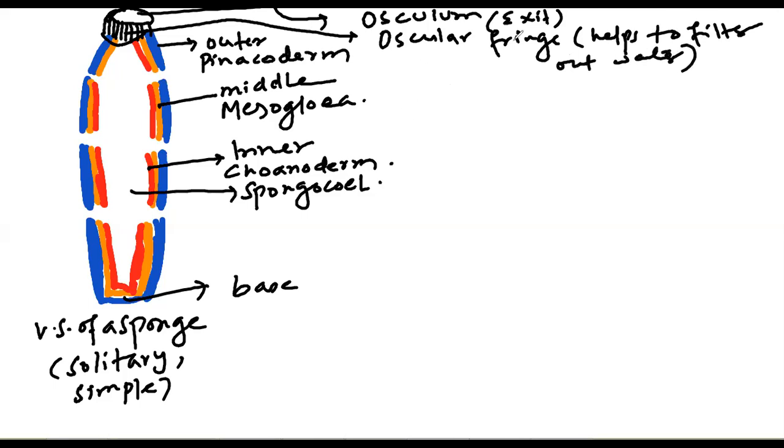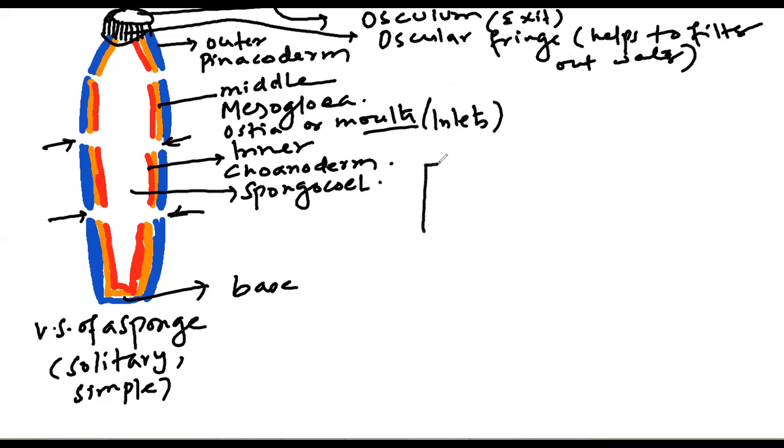Whatever will go, it will go through this fringe and out. Now these small openings that you can see are called ostia, or mouths, or inlets.